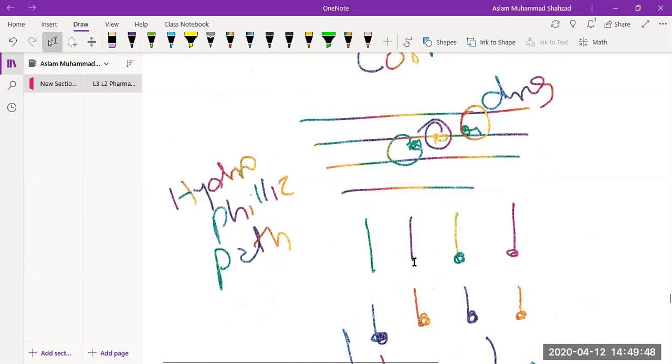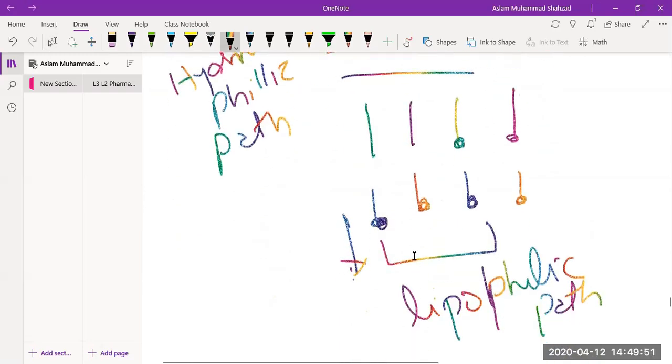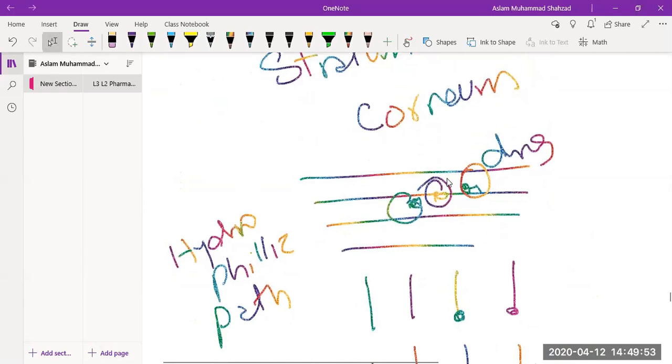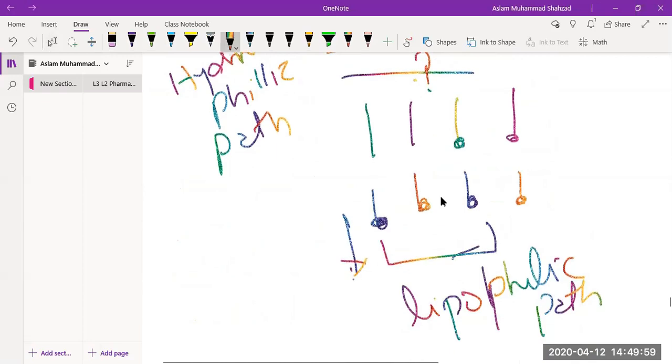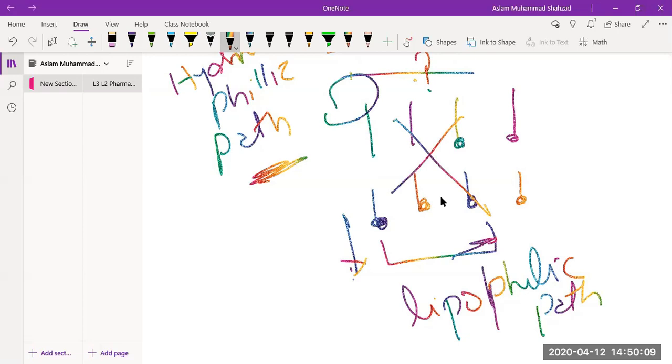In another case, if a drug is too lipophilic, then the drug cannot pass through this region and is unable to be absorbed. So you have to understand that we have to design a drug in a certain way so that it is optimized to absorb and produce the desired effect.